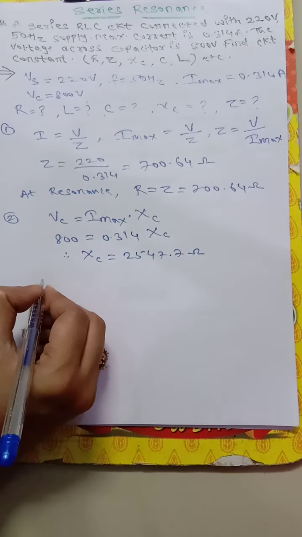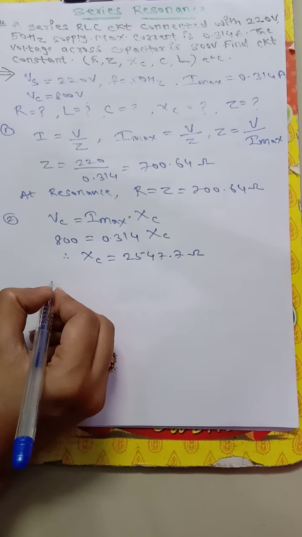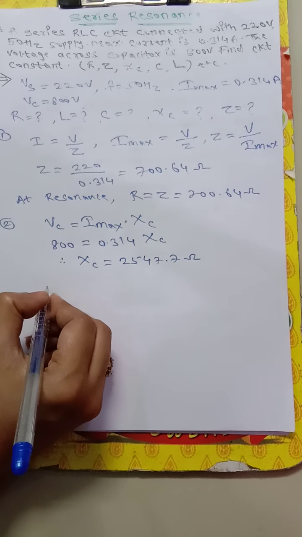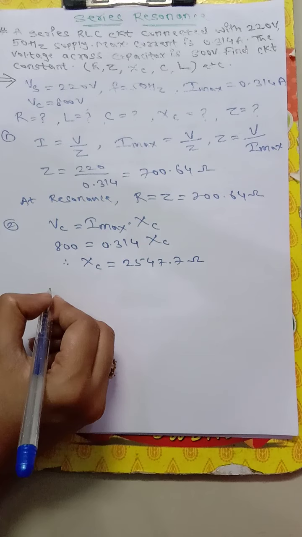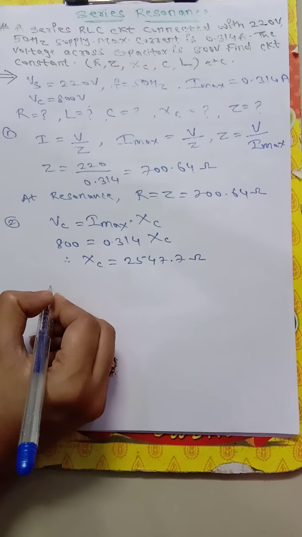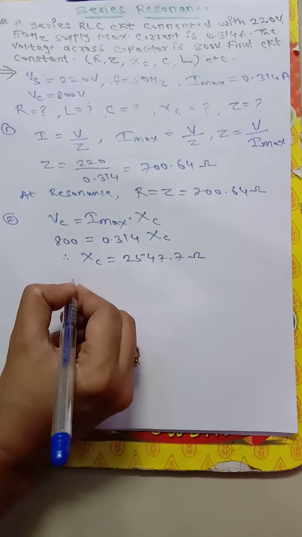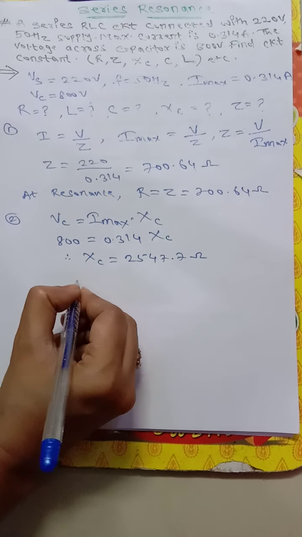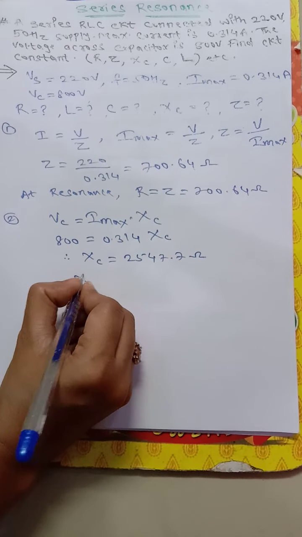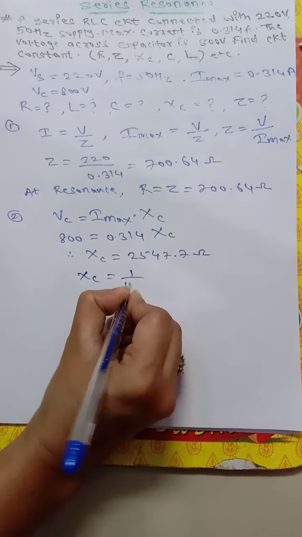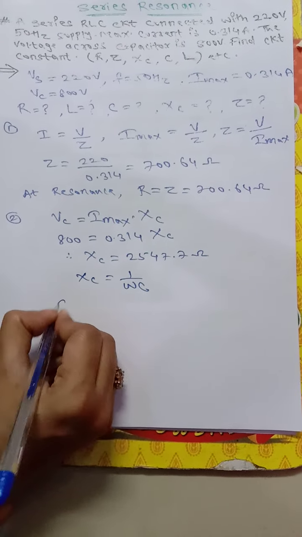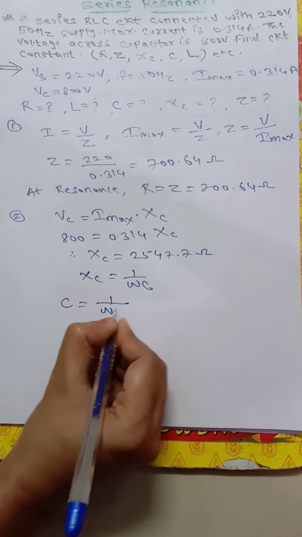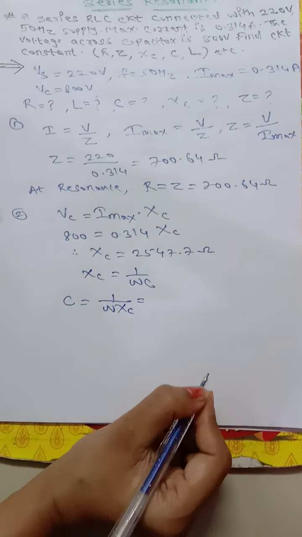Now in this way you can calculate the capacitor. We know that the capacitor can be calculated as C equals 1 by omega XC, since XC equals 1 by omega C. So what is my omega?